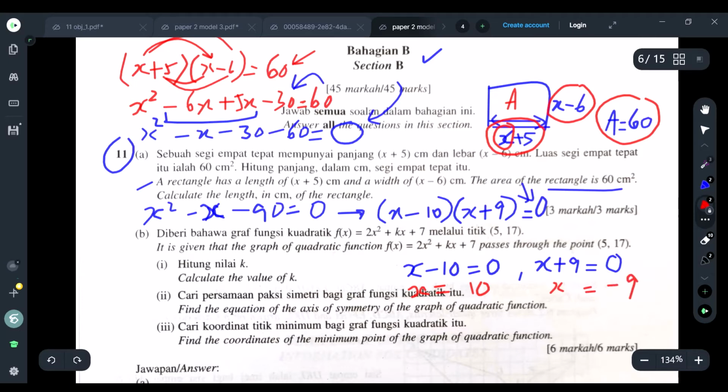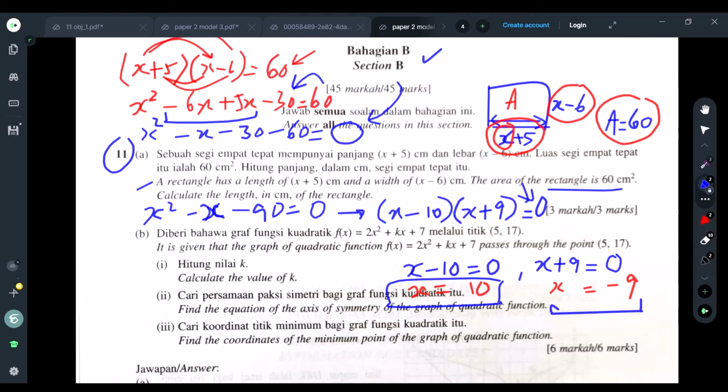But you have to take the positive value, because this is the length. Negative 9 is a negative value, you cannot take. So x equal 10.